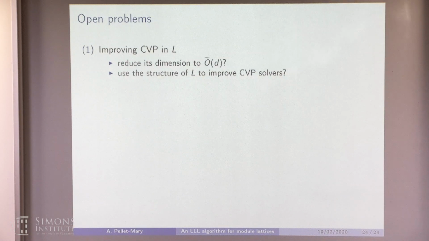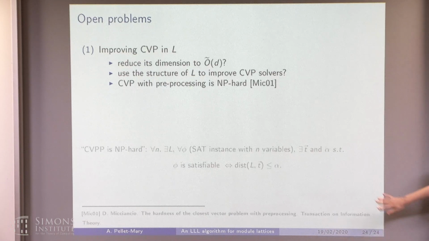Can we solve CVP in this lattice? Is there some efficient way to do that? Let me just mention that there are lattices for which this is NP-hard. Maybe it's easy, maybe it's NP-hard, and for the moment, we just don't know enough.